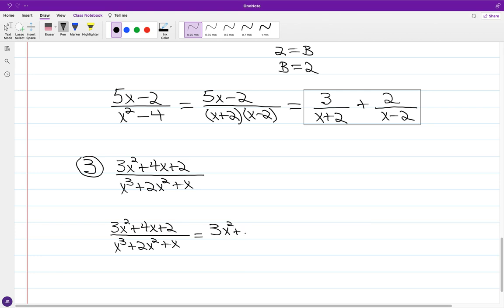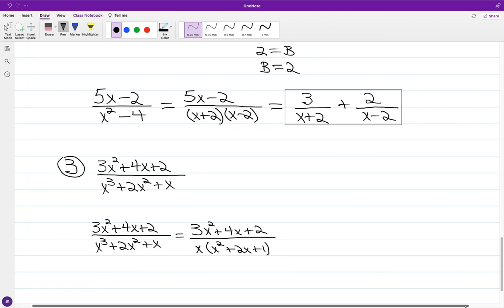So I can start out by factoring out x. I have x times the quantity x squared plus 2x plus 1.